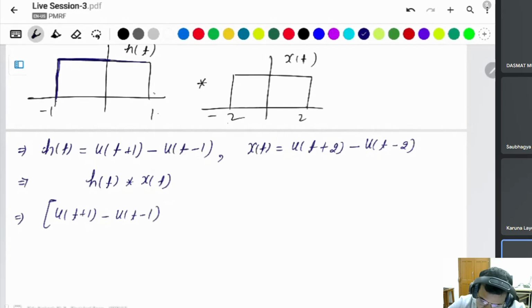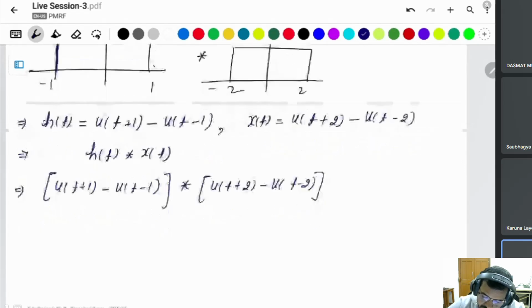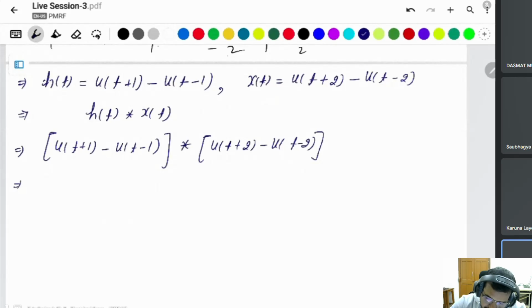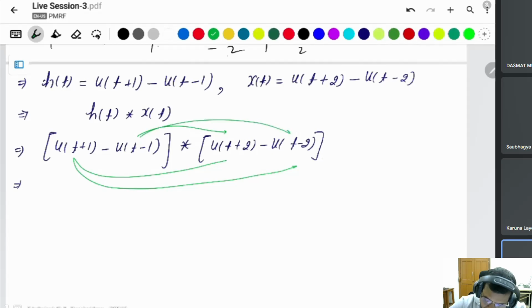Convolution of ut plus 2 minus ut minus 2. Same thing, multiply this one to both, then write the answer.